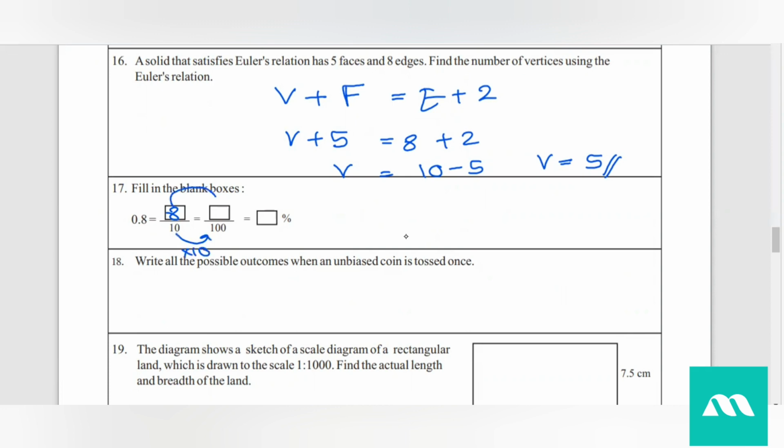That means 8 also should be multiplied by 10. It becomes 80. Then 80 upon 100 means 80%. Okay, the percentage mark means a particular fraction out of 100.